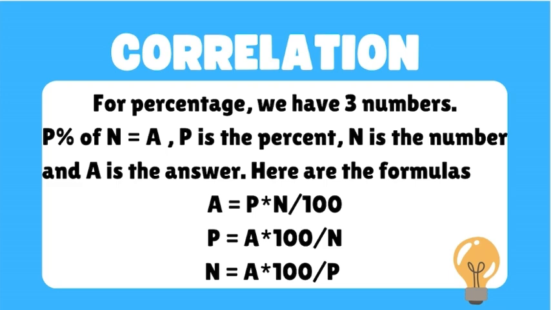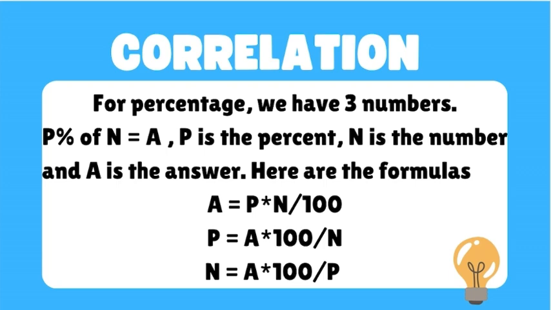And a is the answer. Now these are the formulas for figuring out a, p, and n. For figuring out a, you will do p multiplied by n divided by 100. For p, you will be doing a multiplied by 100 divided by n. And then for n, you will be doing a multiplied by 100 divided by p.